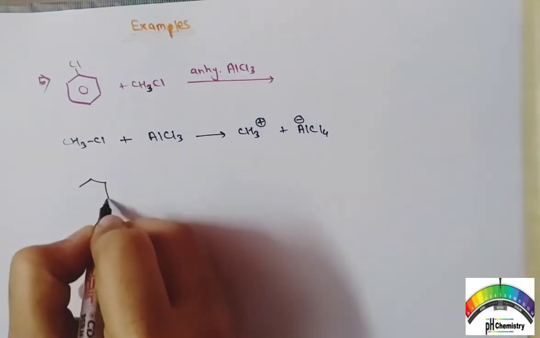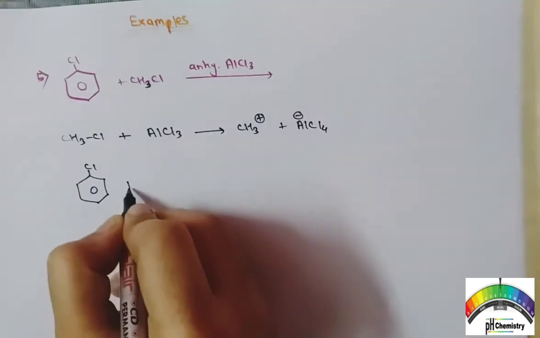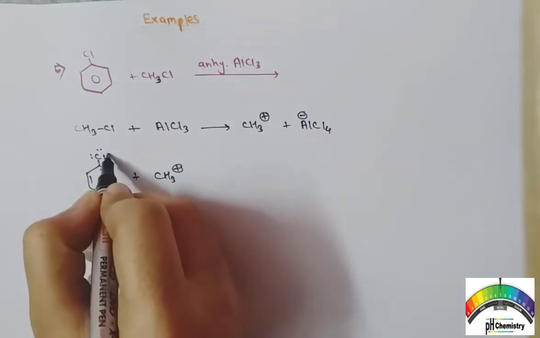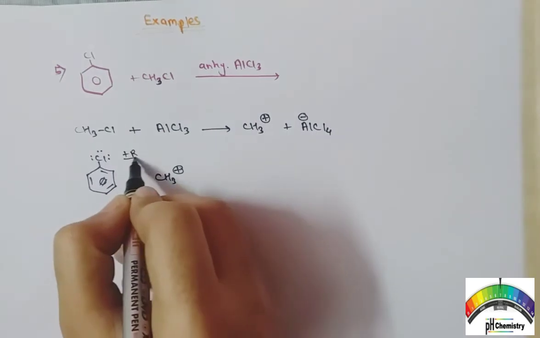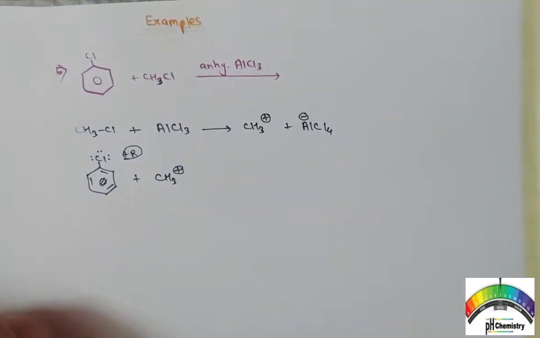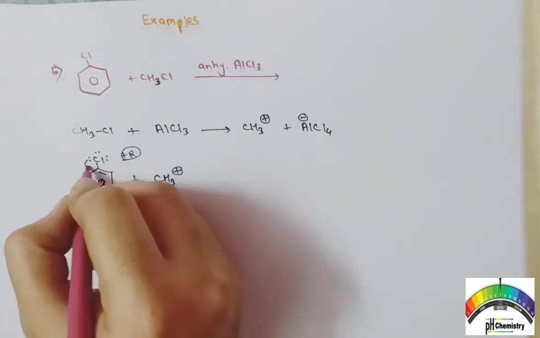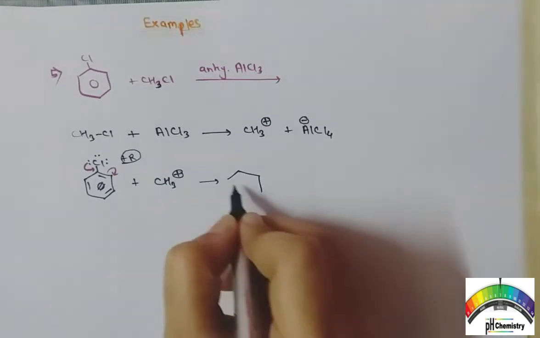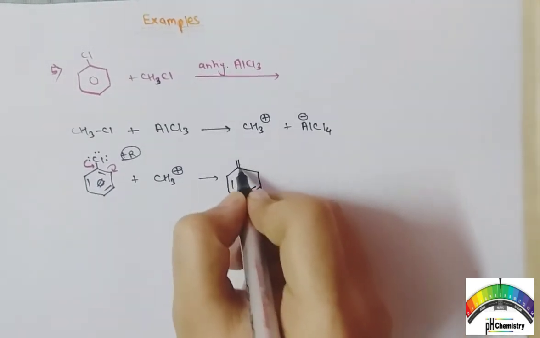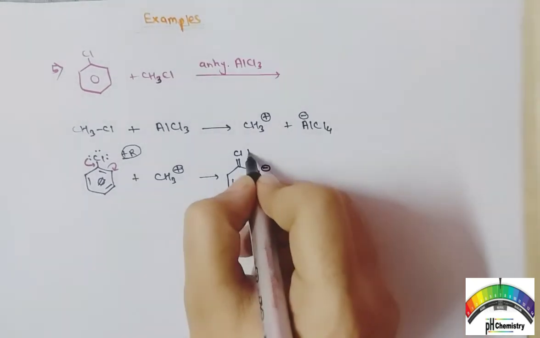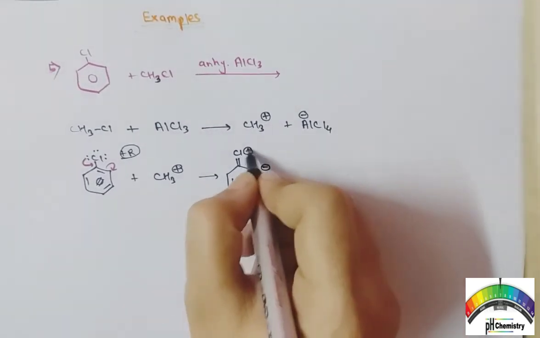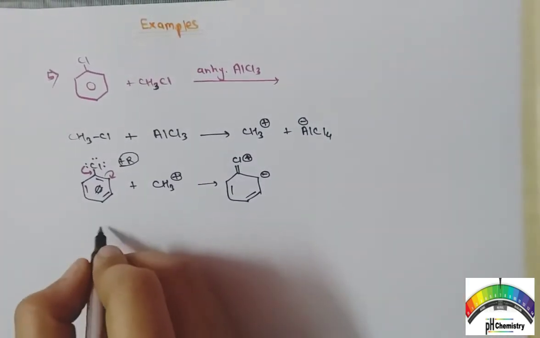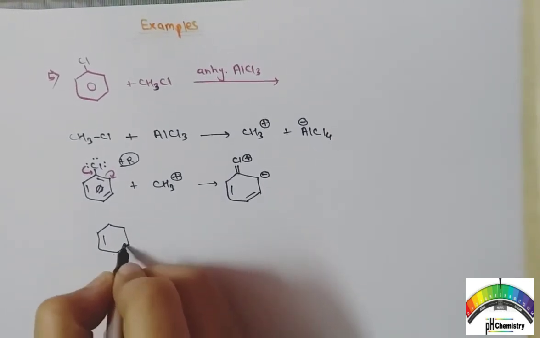Now this electrophile attacks on chlorobenzene. Now this chlorine contains 3 lone pairs. It will show plus R effect, meaning plus resonance effect. This lone pair will shift here and this double bond will shift here. So this will form.